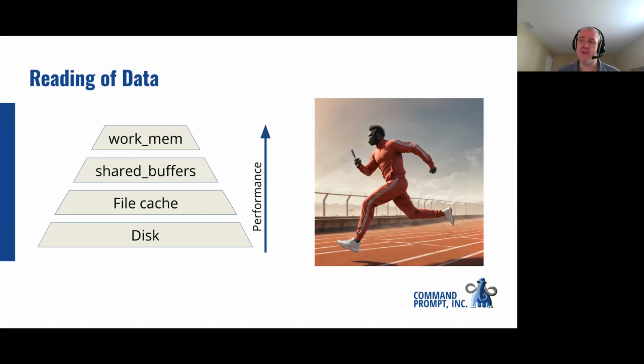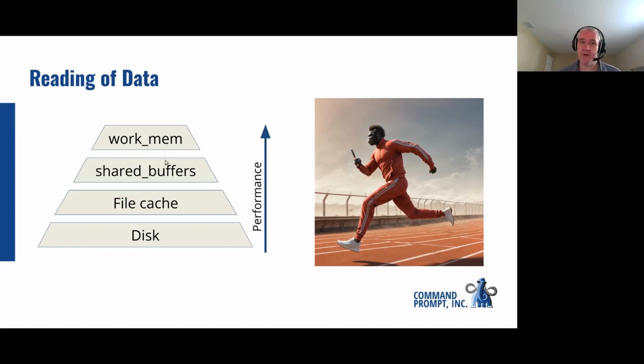So it's still relatively fast. It's still in memory. There's a little bit of overhead of calling the main process, a little bit of logging involved, but it happens largely at memory speeds. And if that data was, for example, retrieved by a different query, by a different connection recently, then it can very well be in shared buffers.